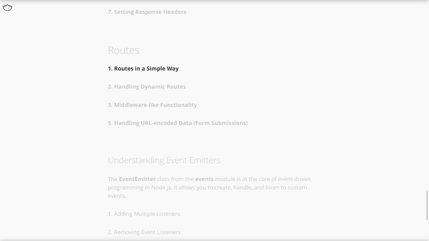Having all the routes in one file can make the code messy, so we will break things down into different route handlers. We can create a simple router object to handle different routes. So let's see how to create it.